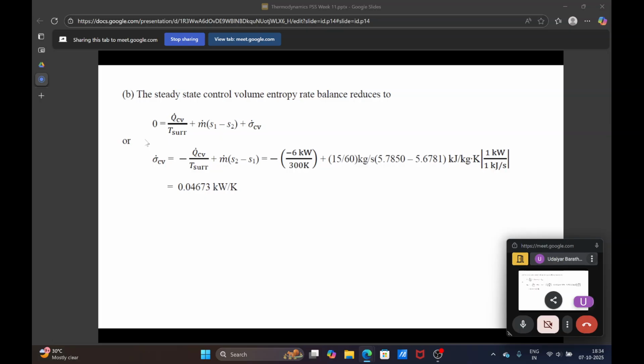The heat transfer is 6 kilowatt, and the surrounding temperature is 300 Kelvin. So minus 6 by 300 plus 1 by 4 times the entropy change, 5.7850 minus 5.6782. This comes out to an entropy generated of 0.4673 kilowatt per Kelvin.